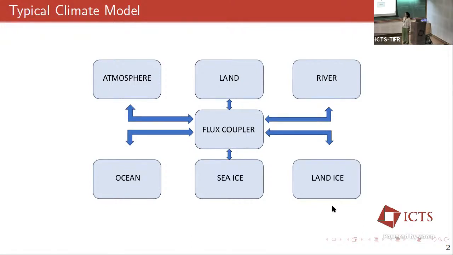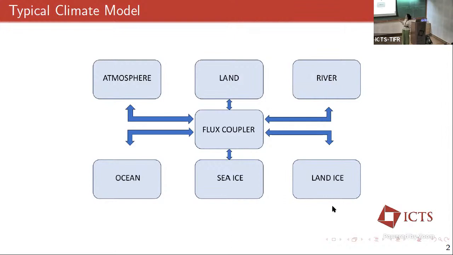So this is how a typical climate model looks like. I think Anshuman already gave a very nice flow chart like this. Most common climate models have these 6 components: an atmosphere part, a land part, a river, an ocean, sea ice, and land ice. All these components interact between themselves through a flux coupler.